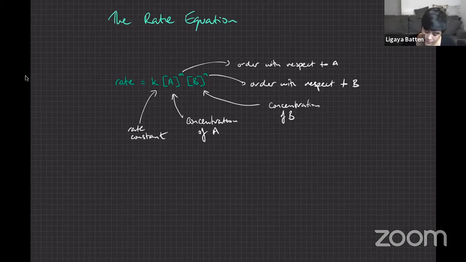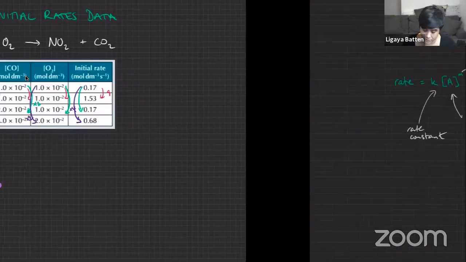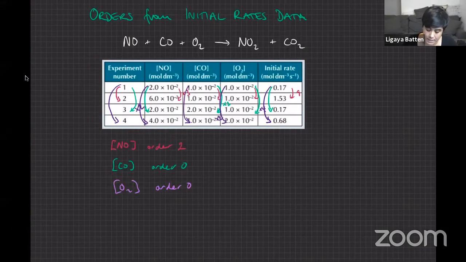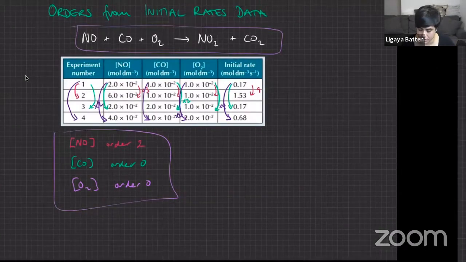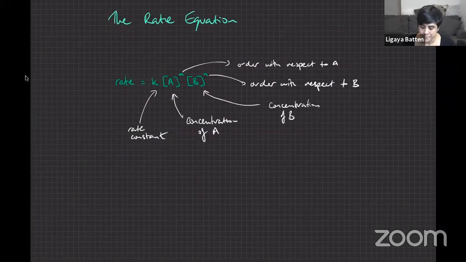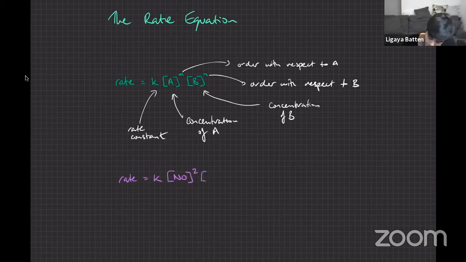Okay, so if we take the information we just had over here, this is our overall equation, and these are our orders. If we apply that to the rate equation, the rate equals K times the concentration of NO squared, because the order of NO was squared, and then the concentration of CO to the power 0 and O2 to the power 0.